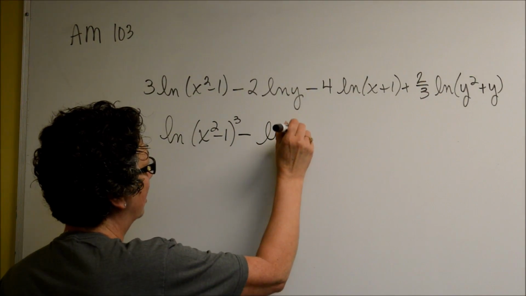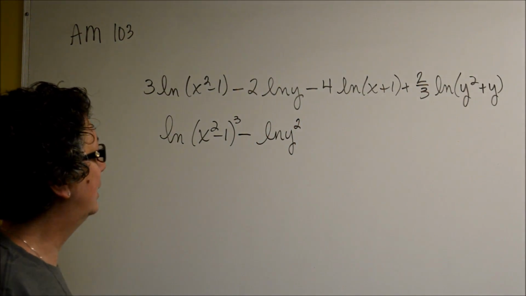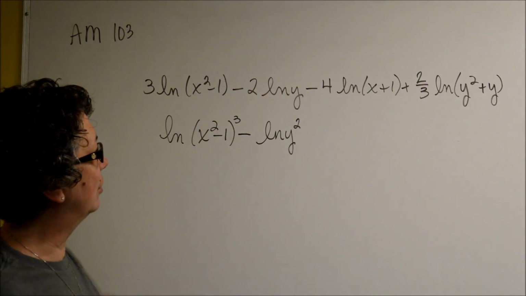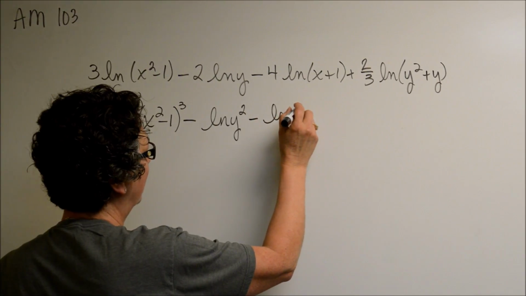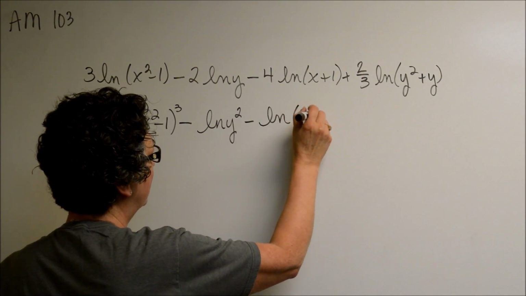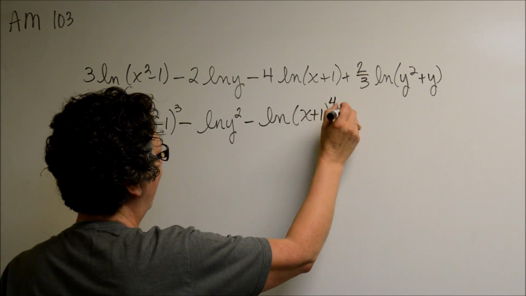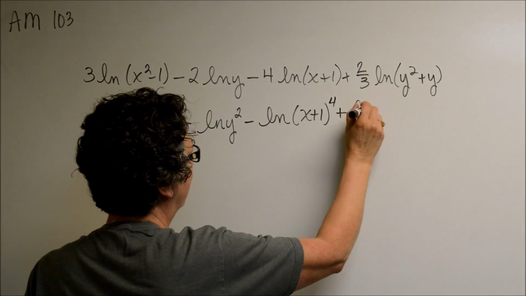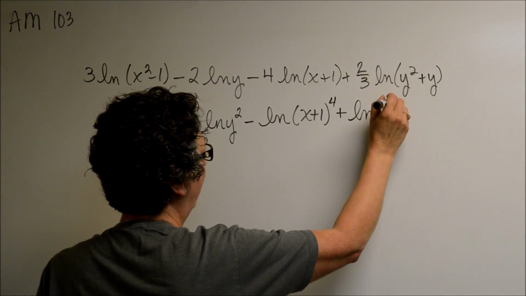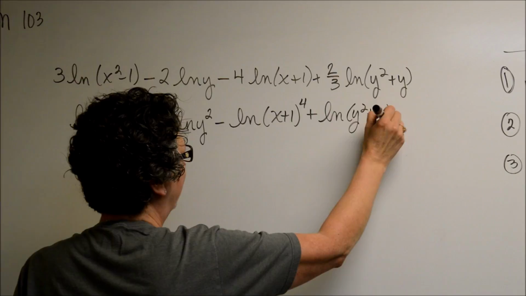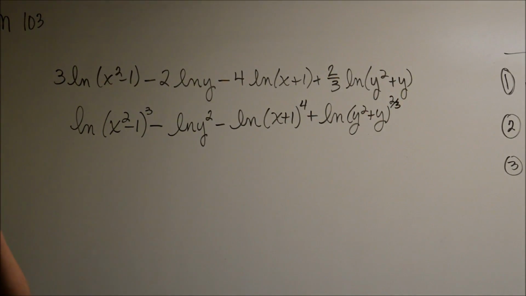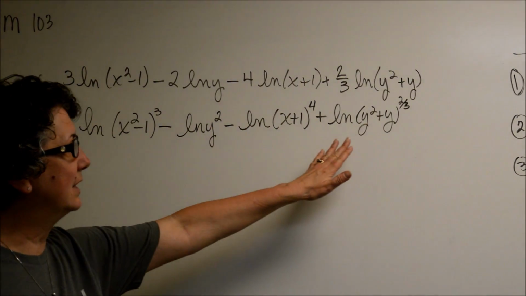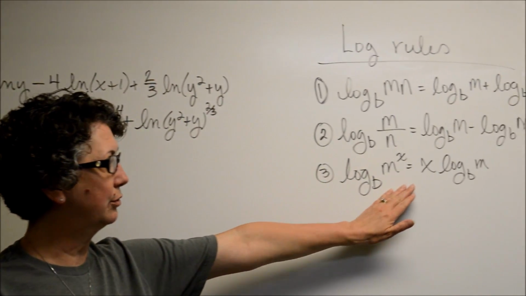The natural log of y squared, that 2 becomes the power of y. The third one, same thing, natural log of x plus 1 to the 4th power, and then natural log of y squared plus y to the 2/3 power. So all 4 of those examples right there, I applied this rule number 3.